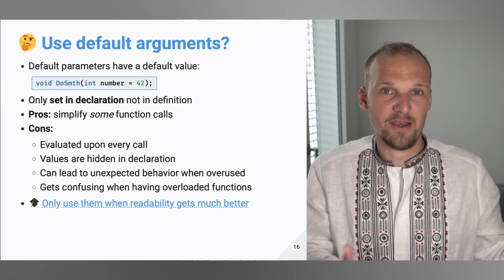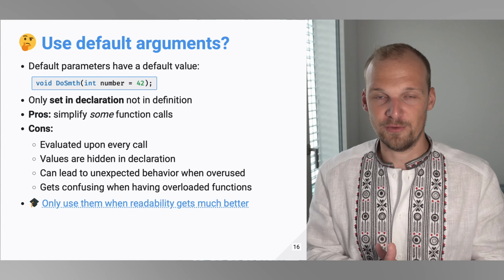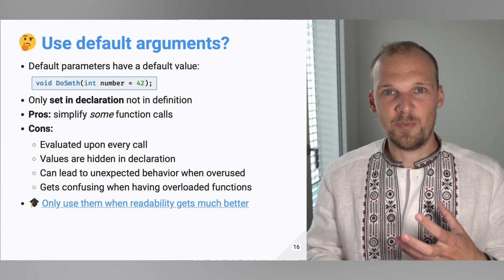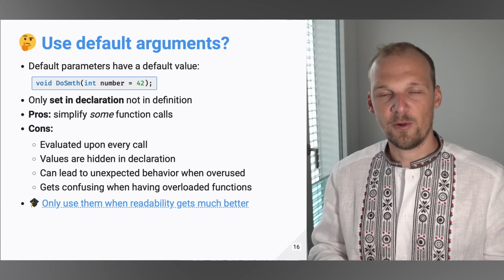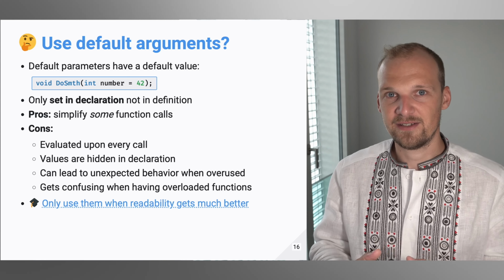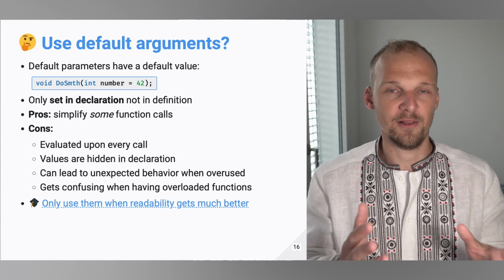So for example, if you have this function doSomething and it takes a number, let's set it by default to 42. It's kind of hard to explain without looking at big examples, but in my own experience, it's much nicer to always provide the parameters into every function explicitly, because that makes sure that you have fewer errors in your code in the long run.